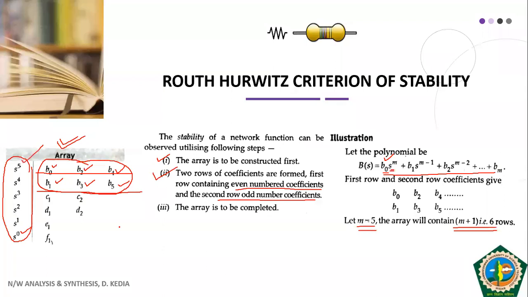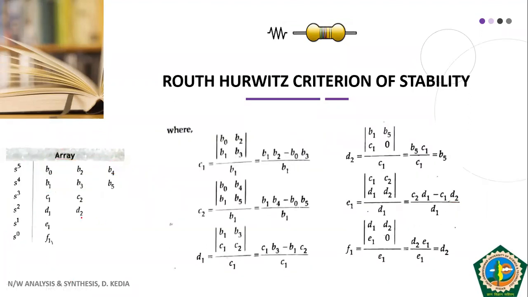I'll take 2-3 examples also, so that you are able to understand how to apply the Routh-Hurwitz criteria. You need not worry about that. First, try to concentrate on this theory part. So let us now move forward. What we have done: we have written the powers of s in decreasing order.